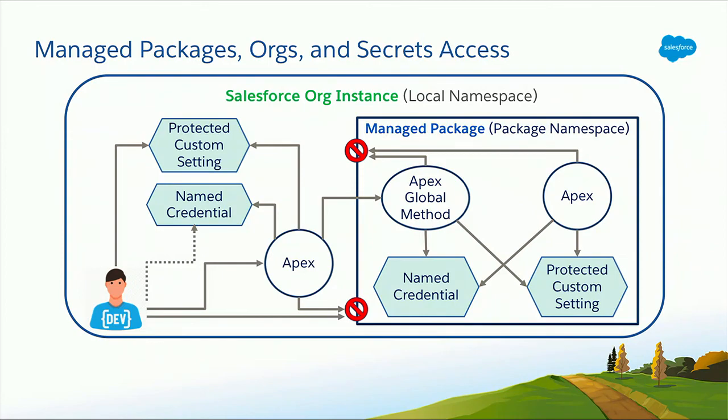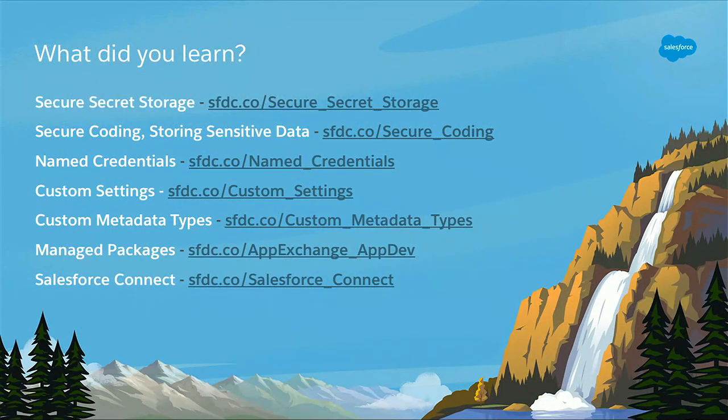But everything inside can access it, OK? Excellent. So we learned about secret storage today. We learned about storing named credentials and custom settings and custom metadata types. We learned about a little bit of a shallow dive into managed packages and some of the other security controls on our platform.